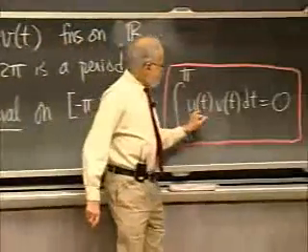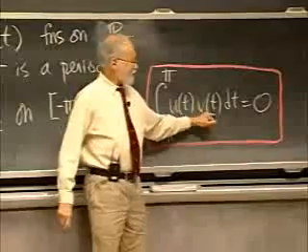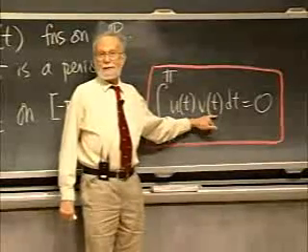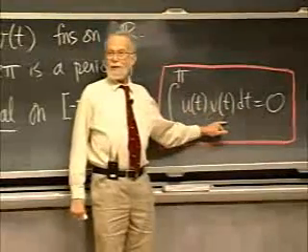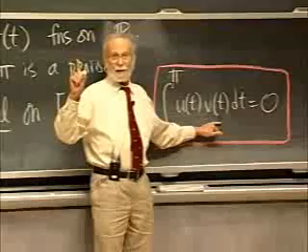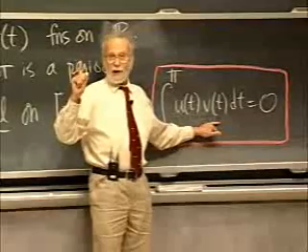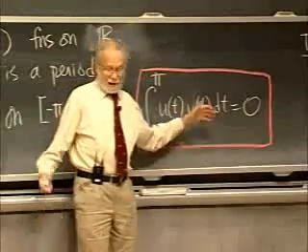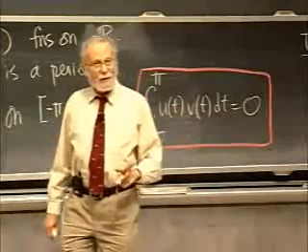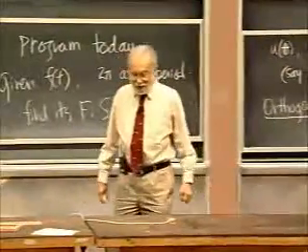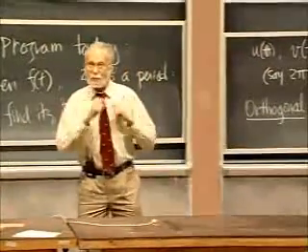Now, how do you know that you could not possibly get the answer 0 if the two functions are the same? If the two functions are the same, then I'm integrating a square. A square is always positive. I'm integrating u squared, and therefore I could not get the answer 0. But in the other cases, I might get the answer 0, and the theorem is you always do.